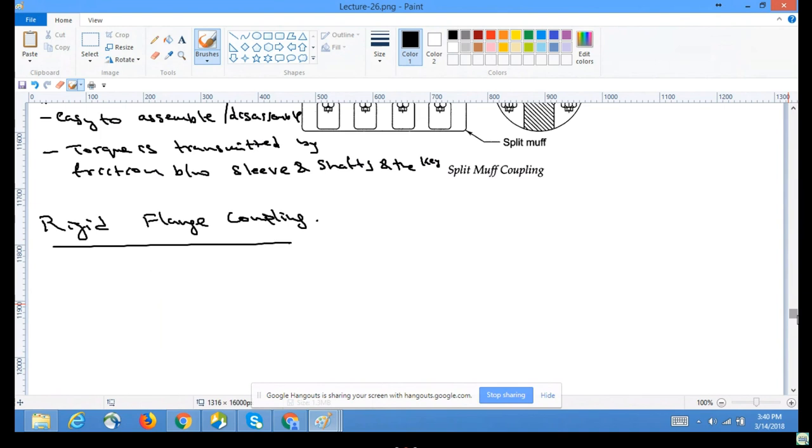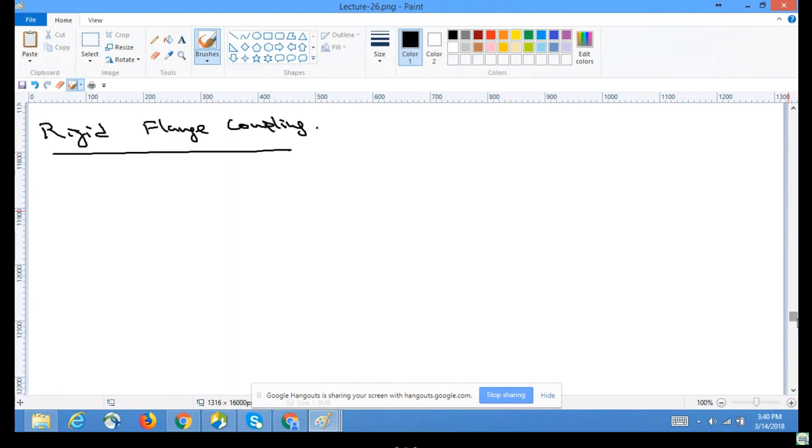So the rigid flange coupling looks something like this.